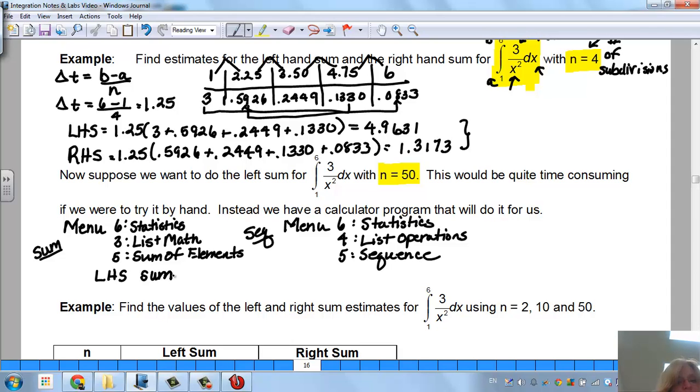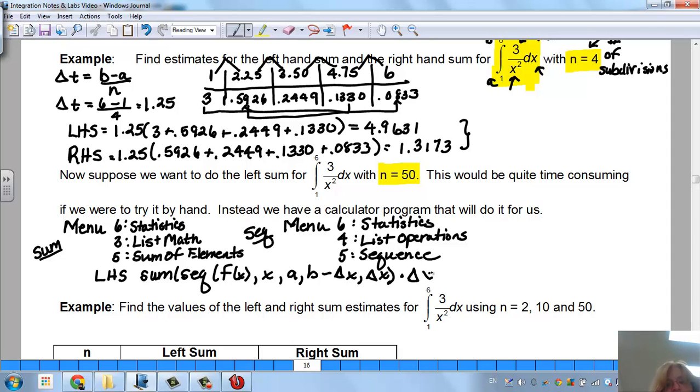Sum, parentheses, sequence, because that's what we're going to do, the sum of this sequence. Then we're going to do f of x. Our term is x. We're going to start right at a, end 1 short, so it's going to be b minus delta x, times delta x.